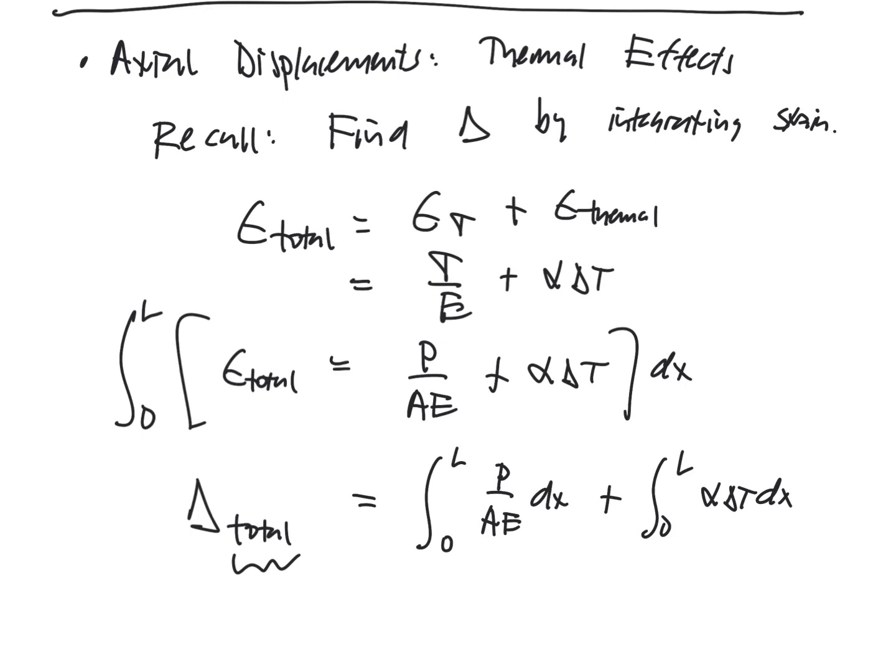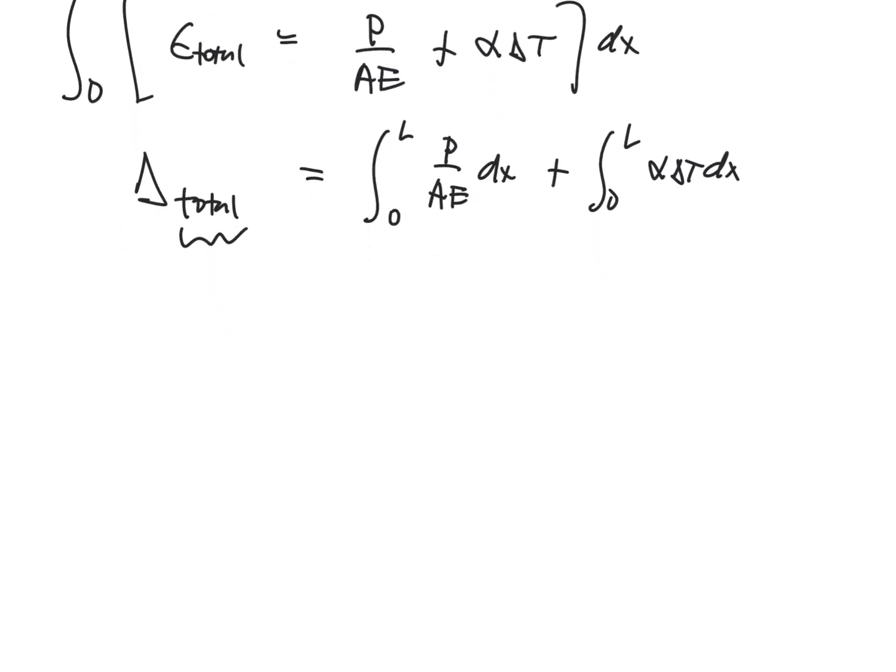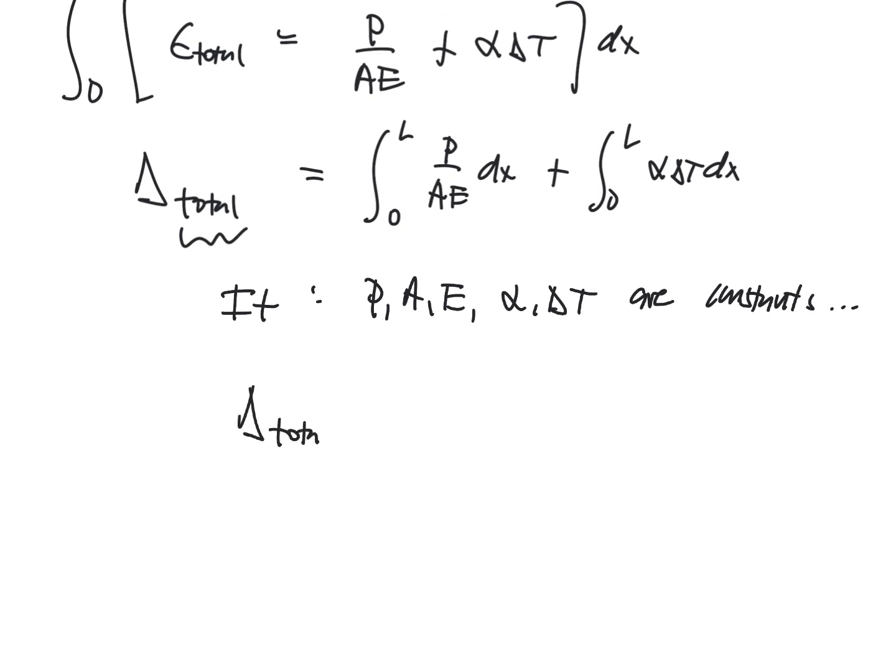Maybe the delta T would change in the bar. But if P, A, E, alpha, and delta T are constants, which they're going to be in most of our problems, then we're going to find that delta total is equal to our old friend PL over AE plus the thermal strain, and we don't have to integrate. It comes outside of the integrand, and so we just have plus alpha delta T L.